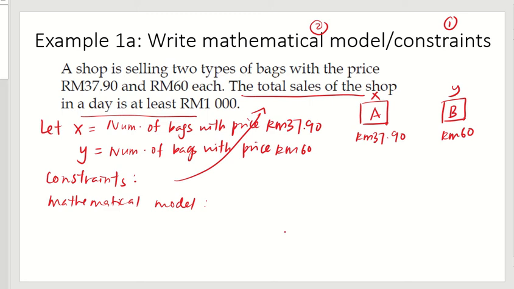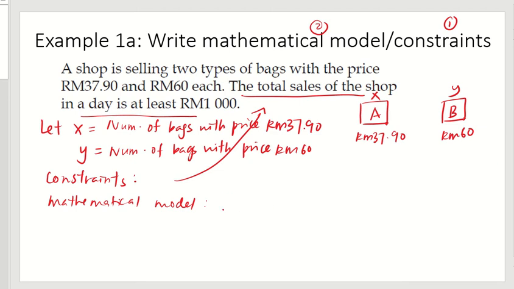If you write the number of the first type of bed and second type of bed, that also can, as long as the meaning is there. So what is your mathematical model? The number of 37.9 multiplied by x plus the number of 60 plus y, equal to what?